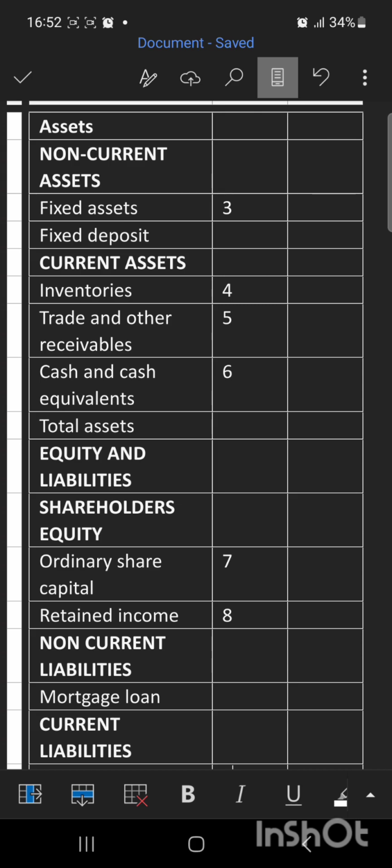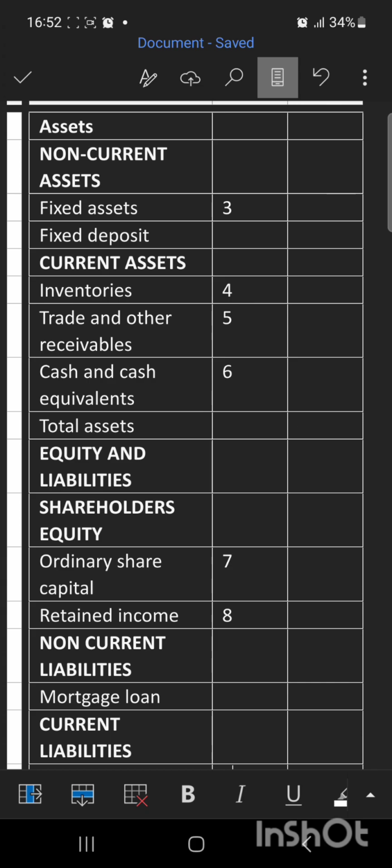And accrued income is income that is earned but not yet received. So for example, if they tell you that the tenant has not paid the rent income for March, or there's an outstanding rent income for January and February or something like that, then we regard that as accrued income, which also falls under trade and other receivables.